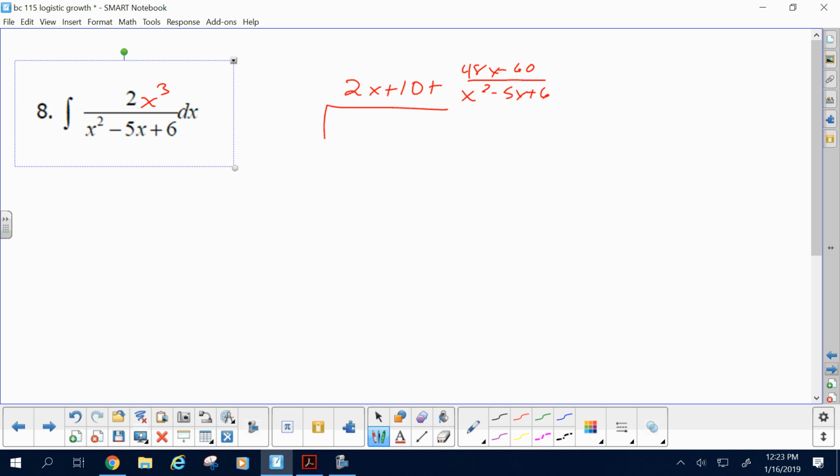Do you agree with that? Okay. Then check that you decomposed it. When you decomposed, you still have 2x plus 10, but the decomposition of the remainder, I got 84 over x minus 3 minus 36 over x minus 2. Do you agree with that?